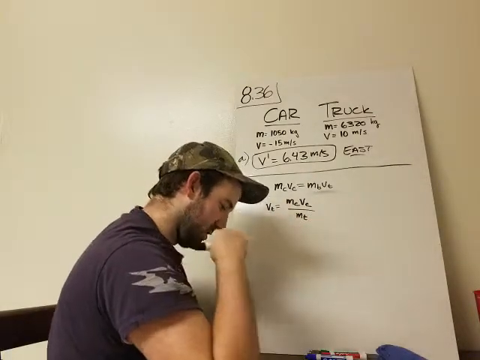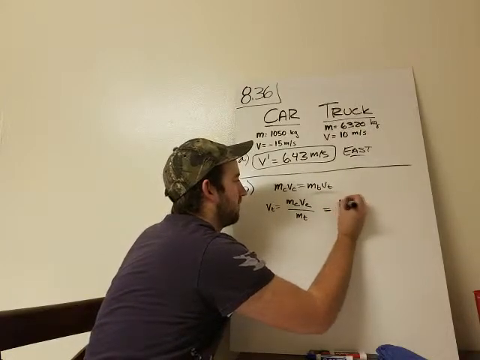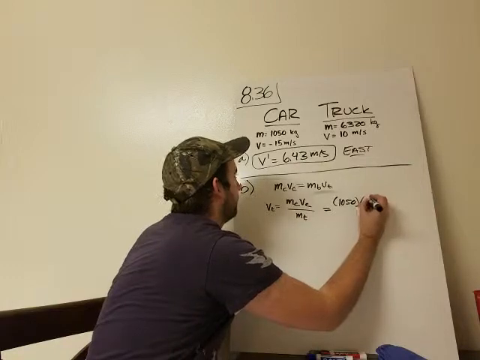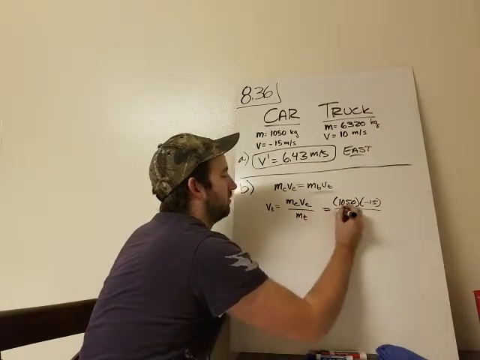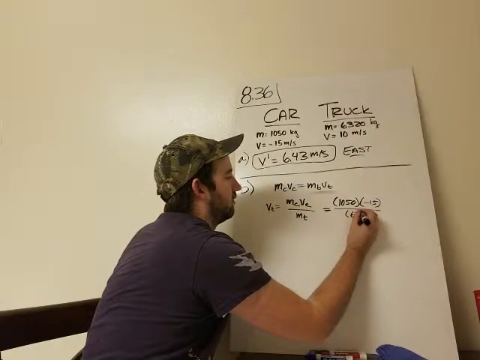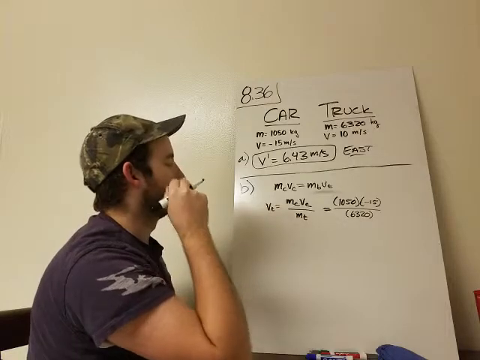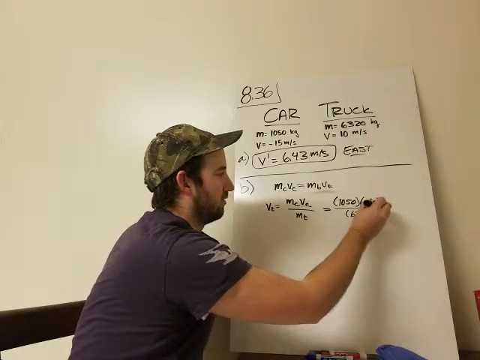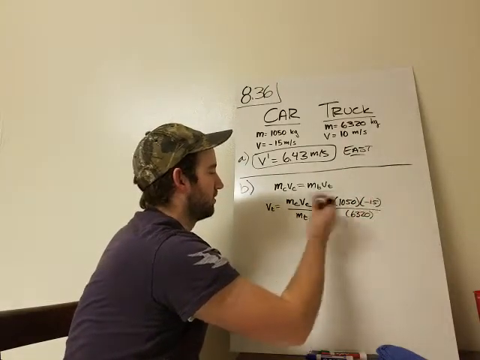So when we plug this in, we end up getting 1050 times negative 15 over 6,320. Now, this is good because these masses will cancel, or the units at least will cancel, and we'll end up with meters per second velocity.